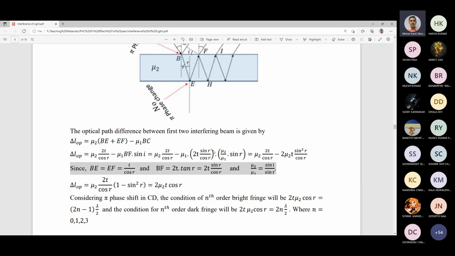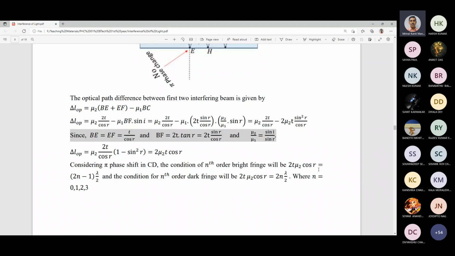So we must subtract lambda by 2. If we put here minus lambda by 2, then we will get plus. Okay, this is correct. So we can write twice t mu2 cos r equals twice n plus 1 lambda by 2. That is the condition of bright fringe, right? Is it okay? Yes, sir.